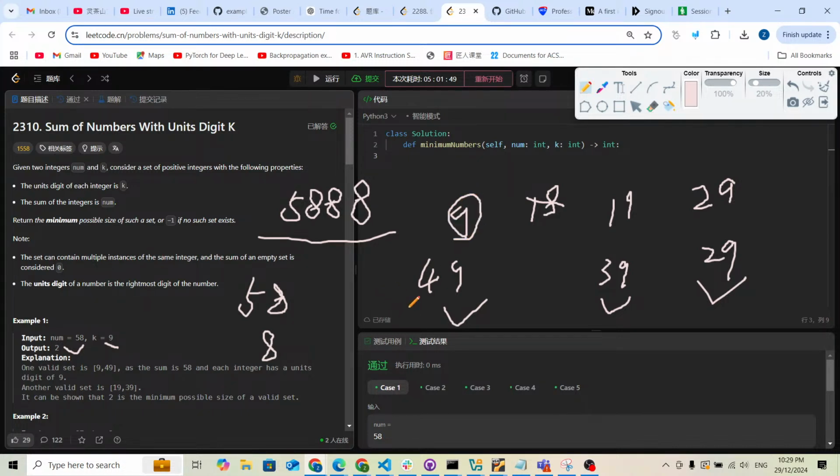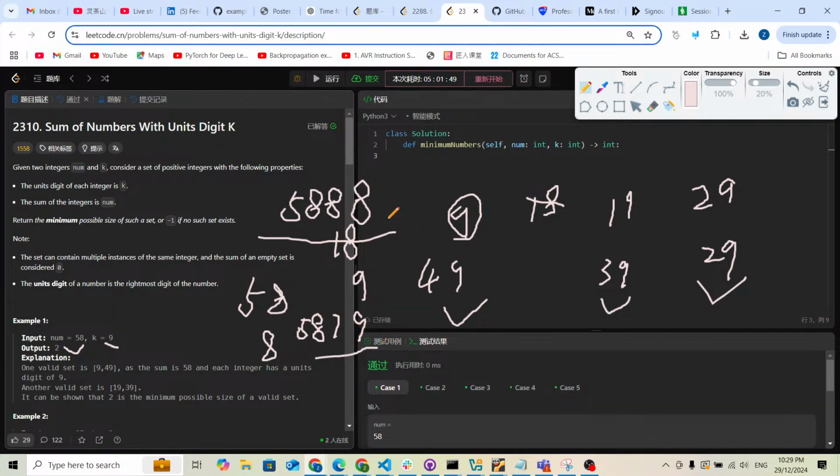Of course, there will be two numbers. Why two numbers? Because definitely we can find one 9, so this is just one number, and another number whose unit digit is 9, and then we use them to construct the number. So this is 18. This number minus 18 is 5879. So 5879 plus 9 is 5888.